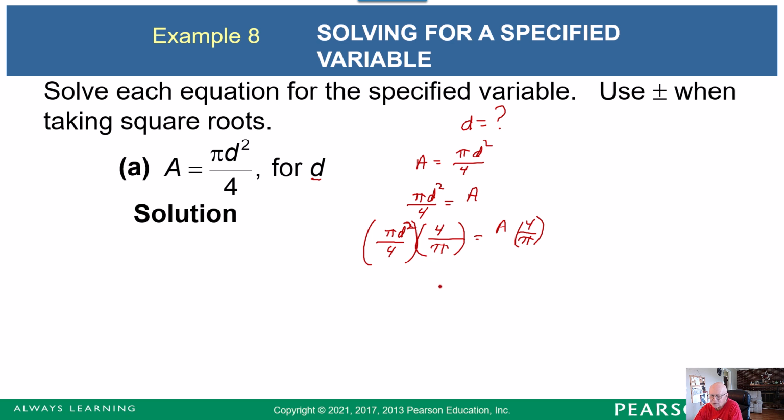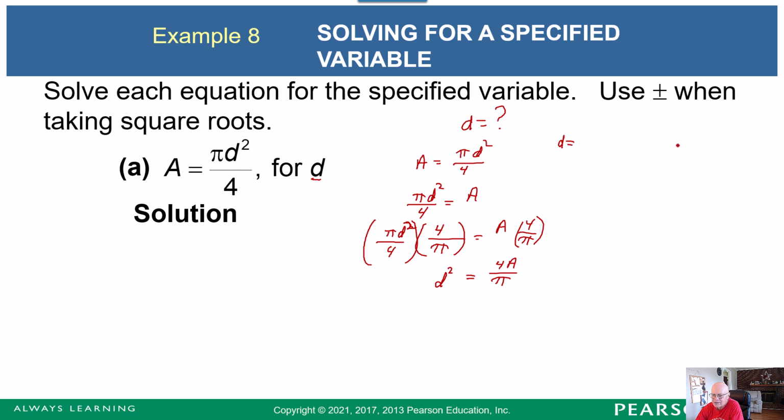So let's just start with it like this. 4a over pi. Square root of that. Okay, what do I have? Well, let's put this one in first. 4a over pi. All right, we'll work with this one. Now we've got a 4 and an a. We can split them up.